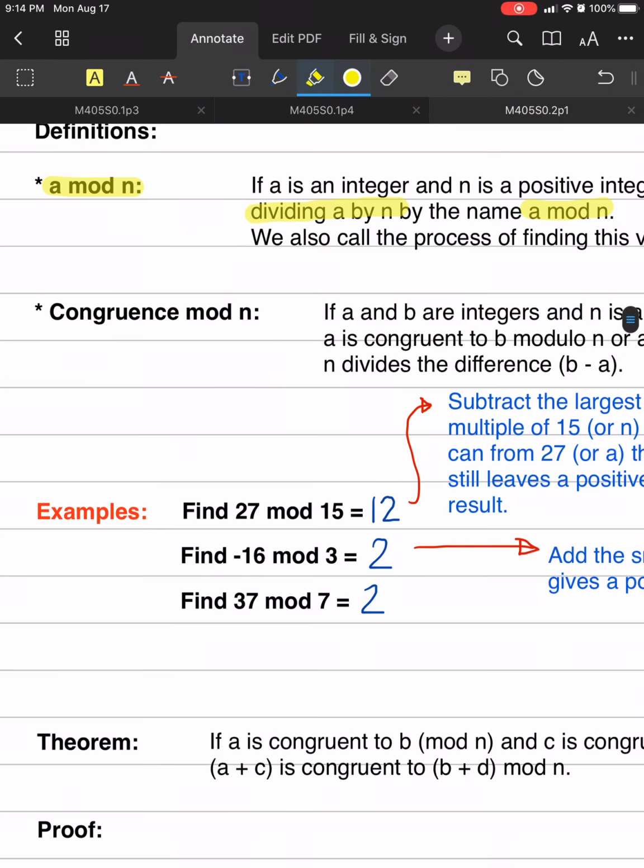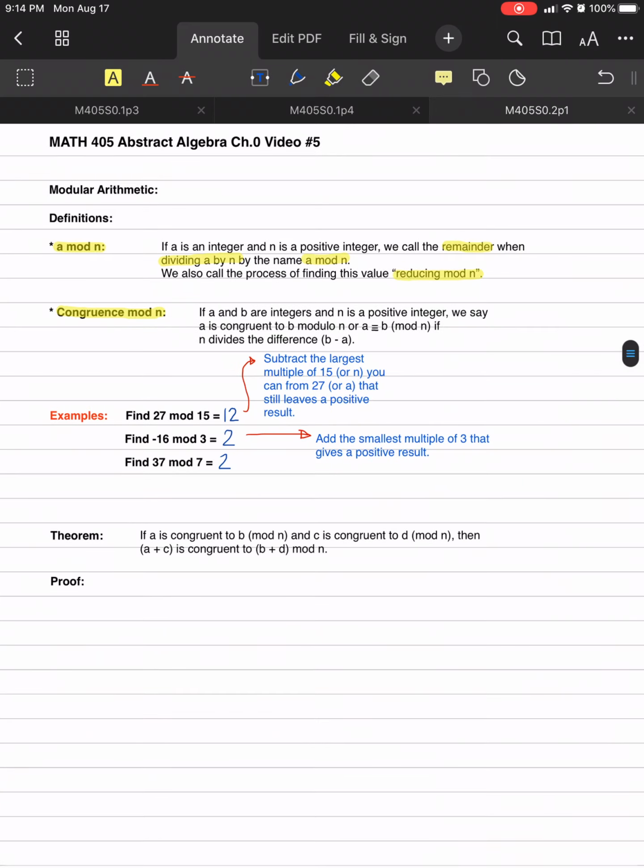There we go. Okay. So our next definition is congruence mod n. This is a definition that's related to the first one, but you might not see initially exactly how it is. Here, now we have two integers. They don't have to be positive, they can be anything.